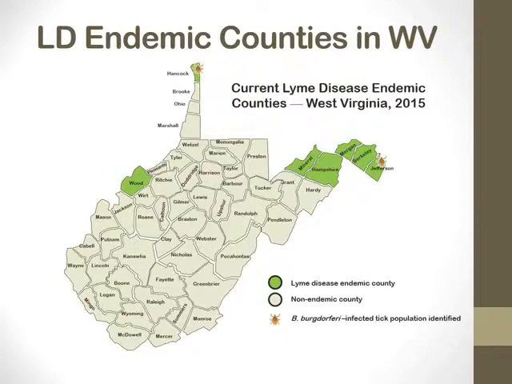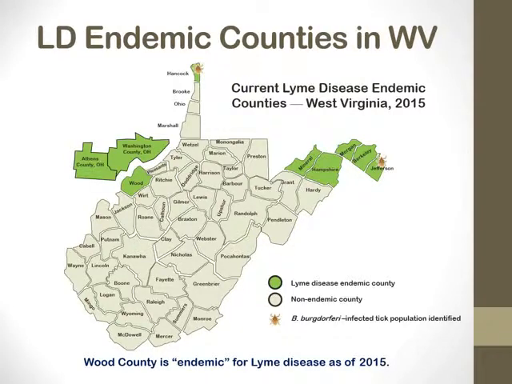So the counties that were highlighted in red were actually the Lyme disease endemic counties as of 2015. 5 counties in the eastern region of West Virginia became endemic due to the presence of cases with EM and confirmatory lab results. Hancock County became endemic because of a population of Borrelia burgdorferi ticks.